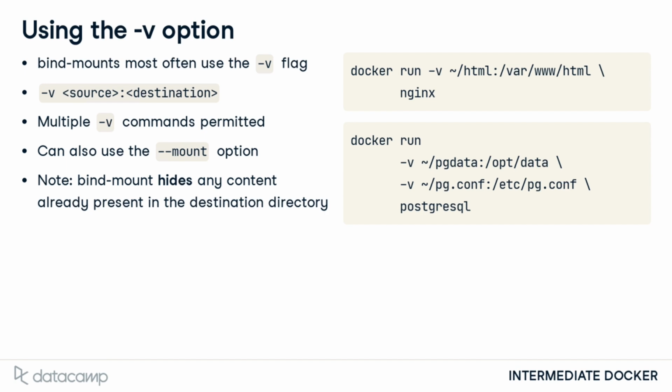The second attaches the /pgdata directory and the pg.conf file on the host to the /opt/data directory and /etc/pg.conf file in the PostgreSQL container, respectively. Note that in all these examples, the local path must either start with a / or be a full path to the file.